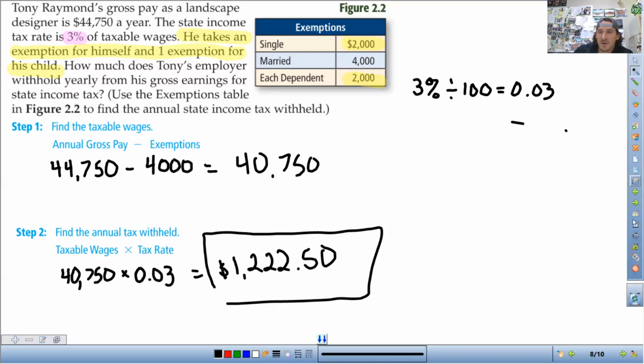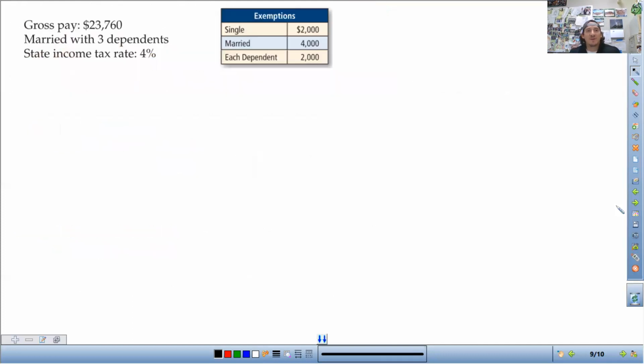All right, let's do one more example. Gross pay, $23,760, married with 3 dependents, and the state income tax rate is 4%. So we want to figure out the taxable wage. We have to do the exemptions.